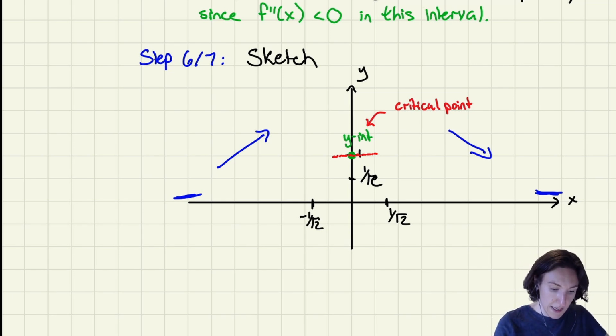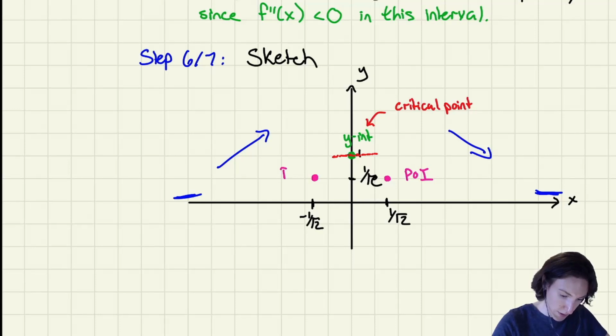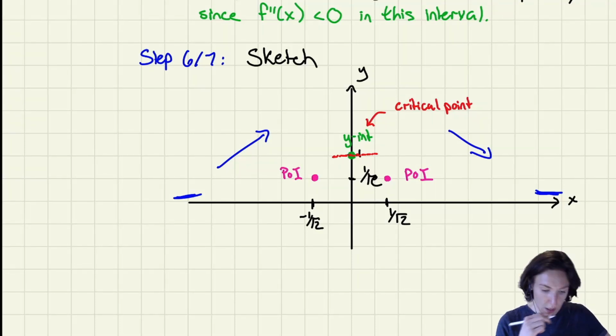So I have inflection points. Let's do those in pink. I have an inflection point here, so this is a point of inflection. And I have an inflection point here, this is a point of inflection. And what else do I know?